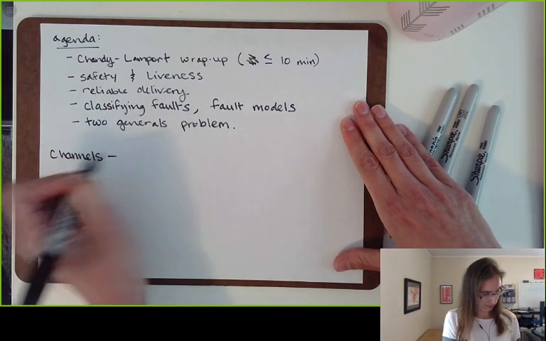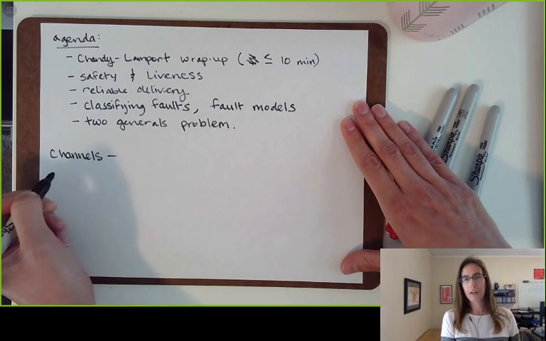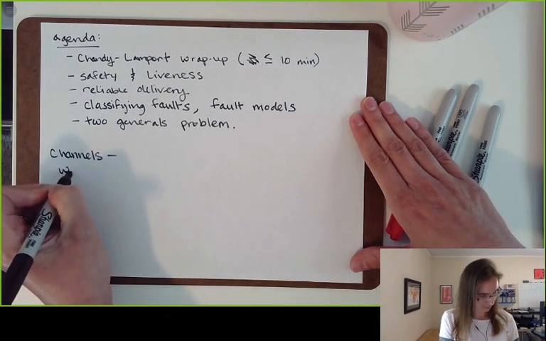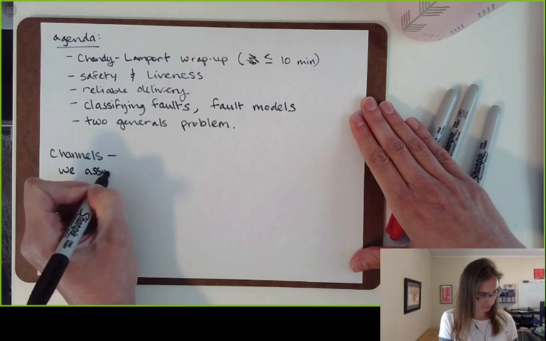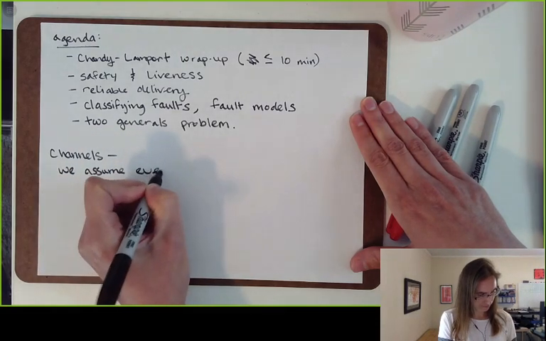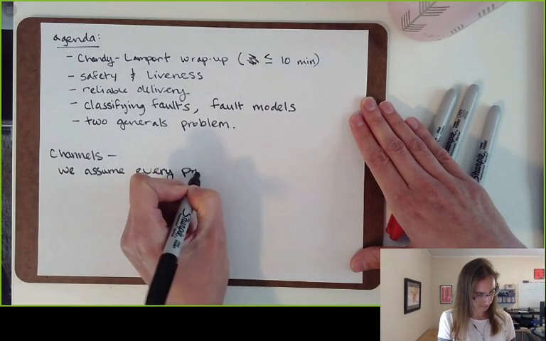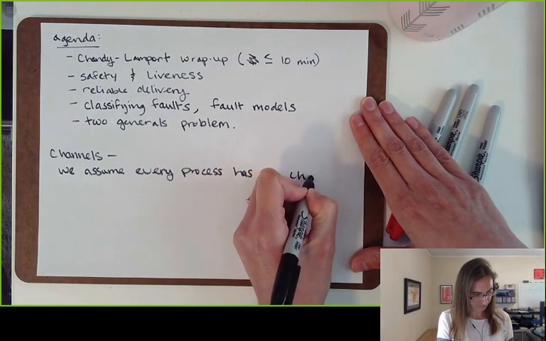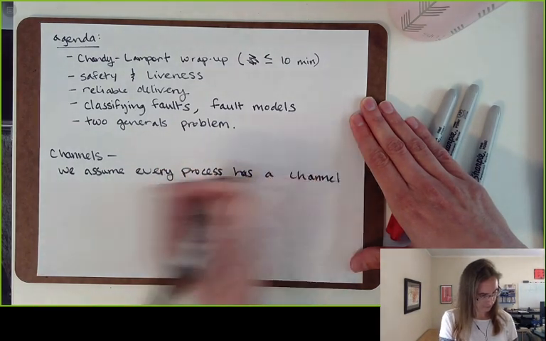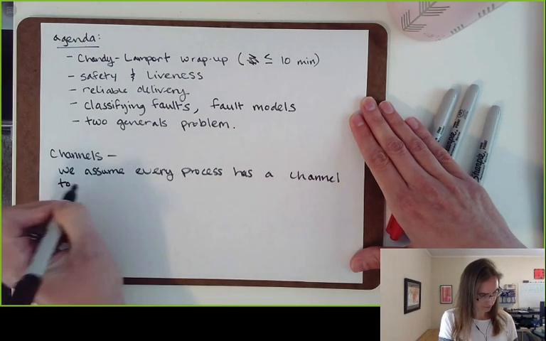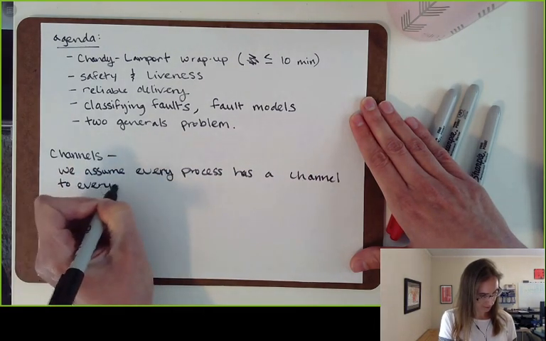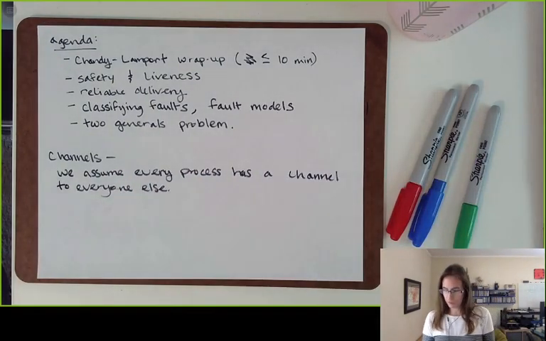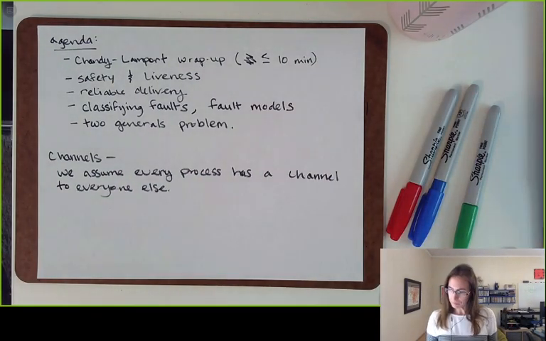In Chandy-Lamport, we assume that everybody has a channel to everybody else. In other words, we assume that every process can send messages to everyone else in a FIFO manner.